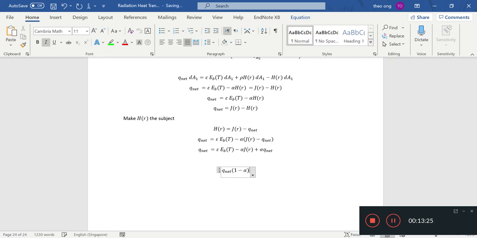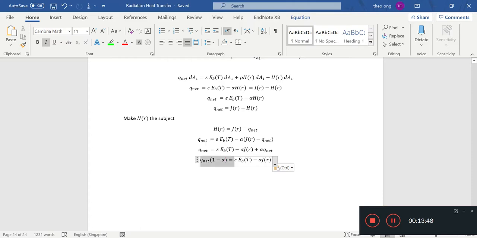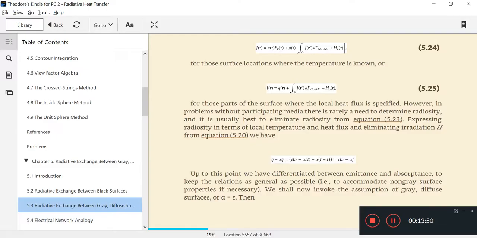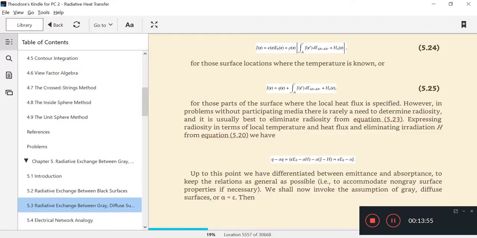So what I'm doing is I'm just bringing this over, and then we get this expression here. Let's see where this train of thought is taking us. So we see that Q minus alpha Q, which is what we have on the left hand side, equals epsilon EB minus J, alpha J.